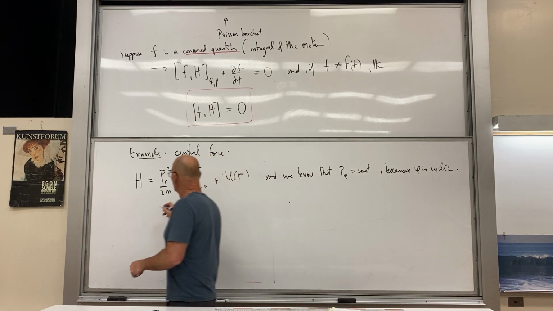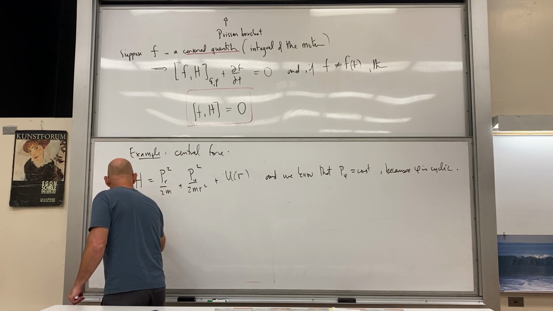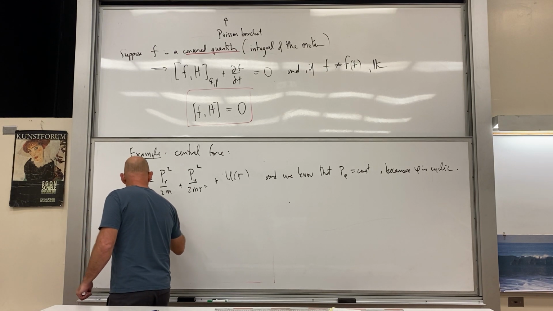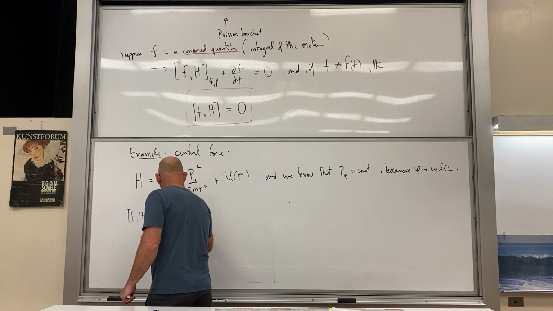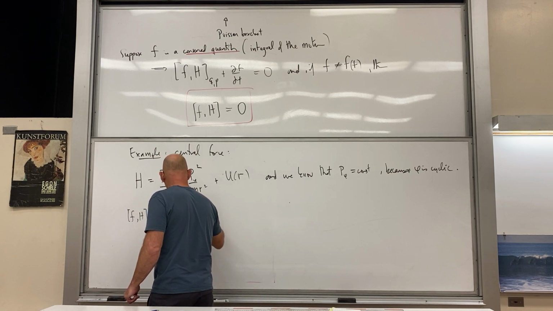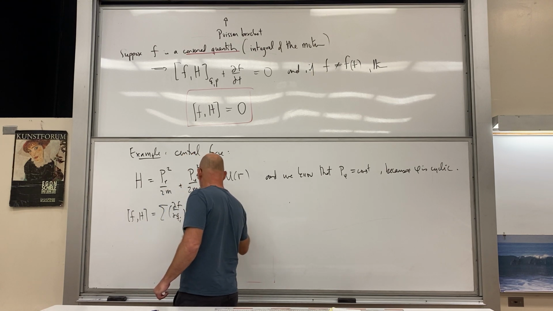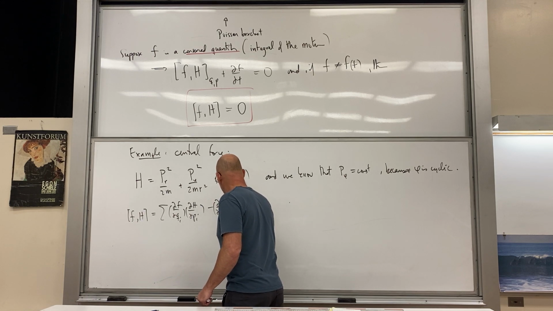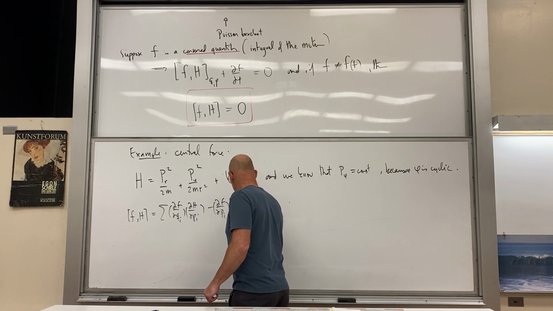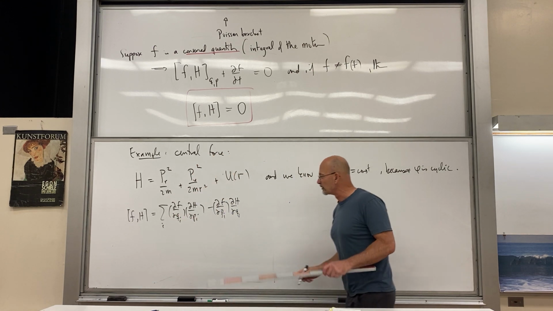Now, just {f, H} once more: the sum over df/dq_i dH/dp_i minus df/dp_i dH/dq_i. So we've got to translate that into what we have right here.